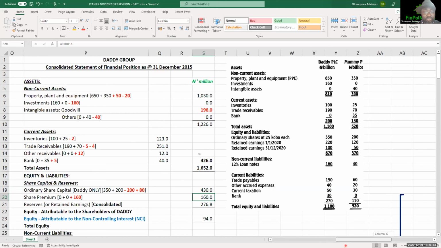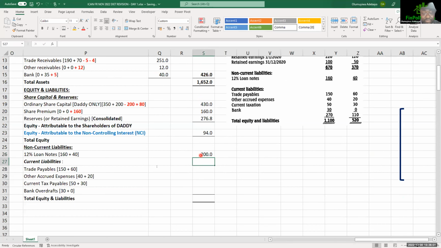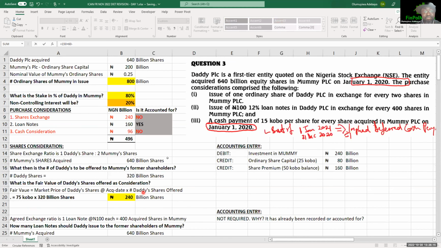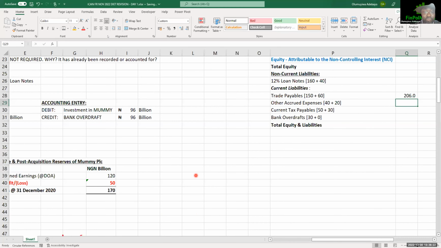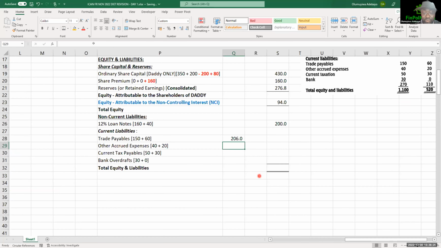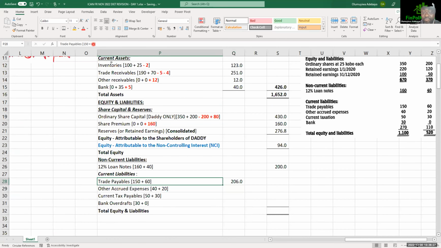Now, loan notes 160 and 40. Trade payable 150 plus 60. Remember, there was intercompany elimination, which was the 4 billion, yeah? Minus 4.